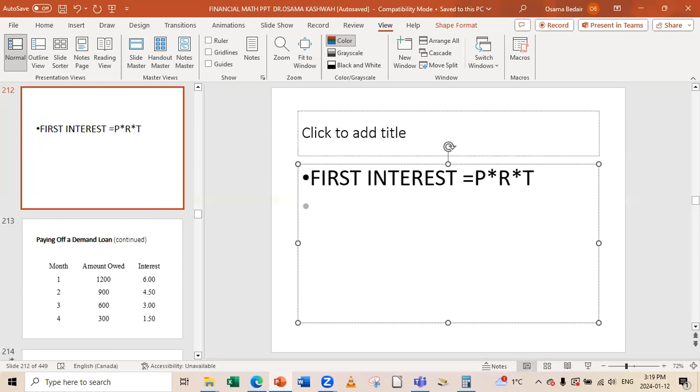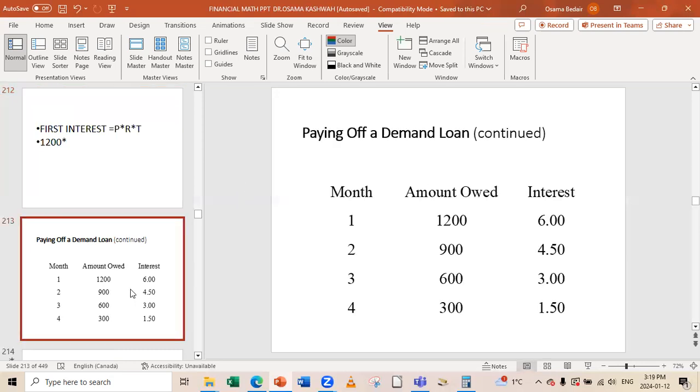So here it is. The principal was in the amount 1,200. 1,200 times the rate. The rate is 6% annually. That is the rate.